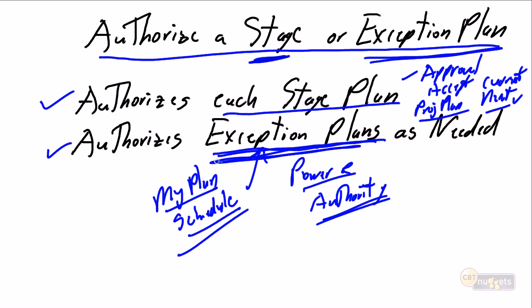So when we need to escalate, we're not simply going to say, here, boss, here's a problem. We're going to escalate to the boss: here's a problem. Here's everything I've done to date to deal with these problems. Here's my plan that I think we need to continue to act upon. I need your approval. I need your power and authority.